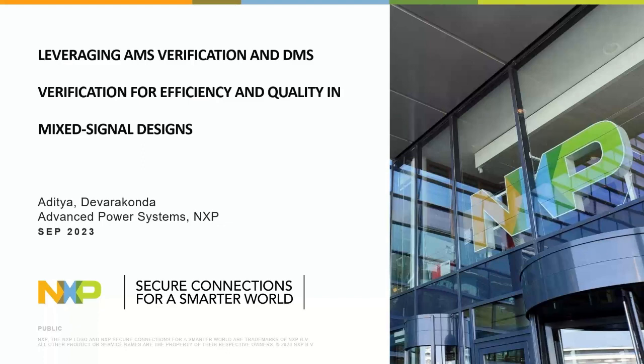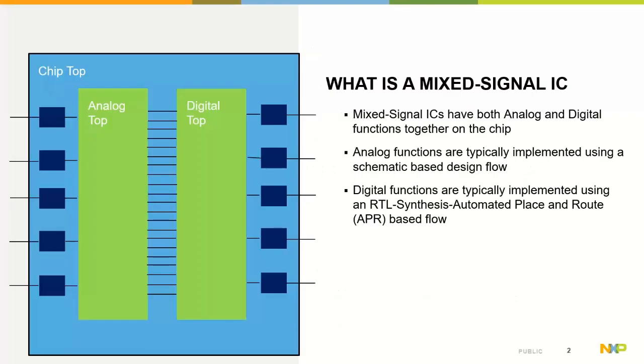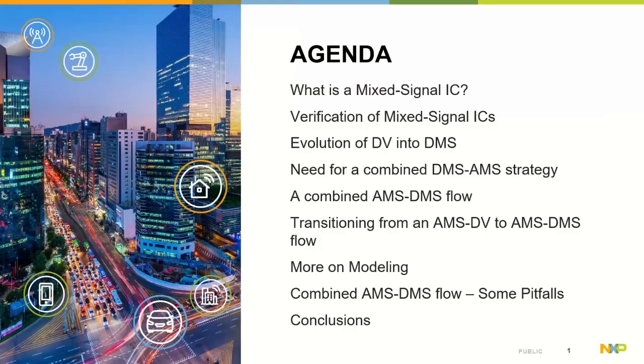In view of the diverse audience here, I want to start with an introduction as to what's a mixed signal IC and what verification of mixed signal ICs entails broadly, and the evolution of DV into DMS, again talking in terms of mixed signal ICs, and the need for a combined DMS and AMS strategy.